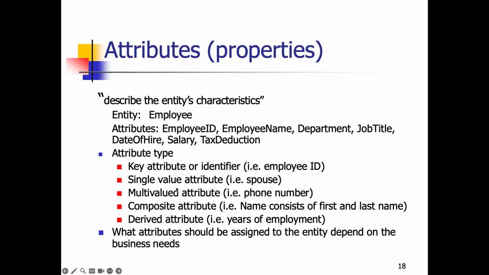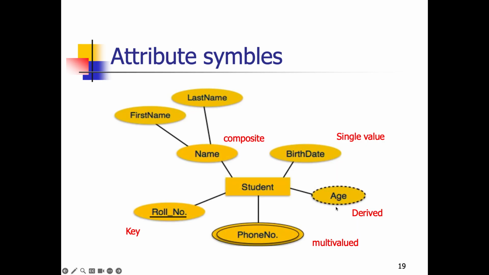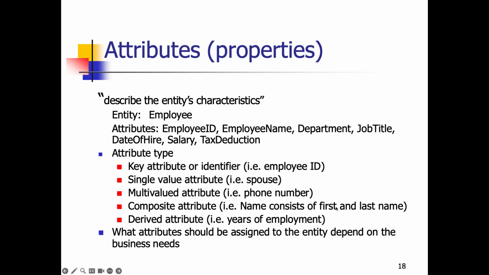And when you define attributes in your ERD Plus, as you can see, we have different types of attributes, like unique attribute, multivalued, optional, composite, and derived, right? So these different types of attributes, I'm going to explain now.